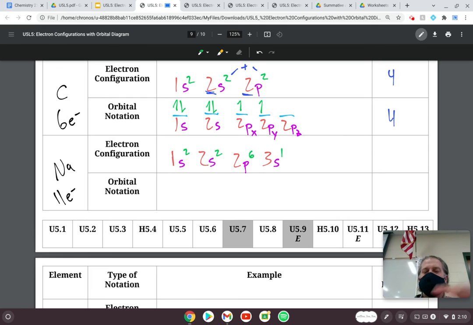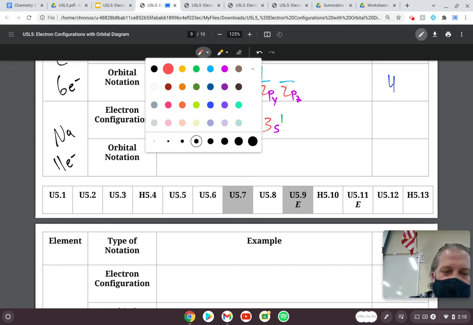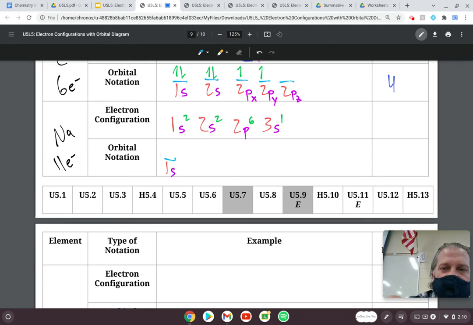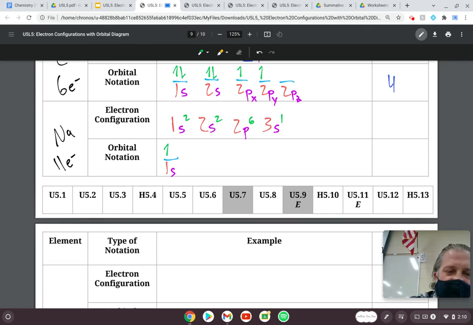Now my orbital notation is going to look very, very similar, but it's going to start with 1s. I'm going to have my orientation bar, and I'm going to add an arrow up and an arrow down. 1, 2.